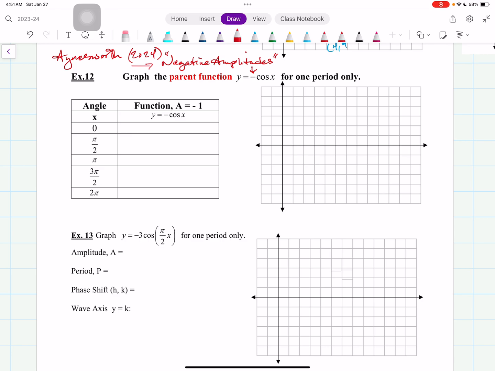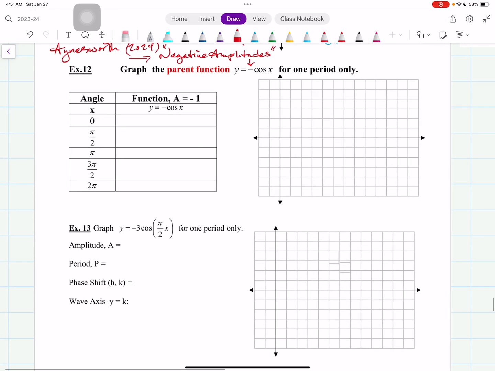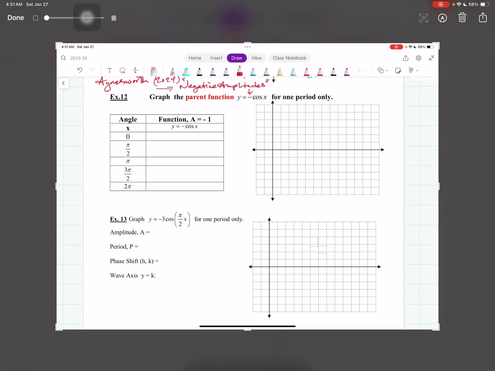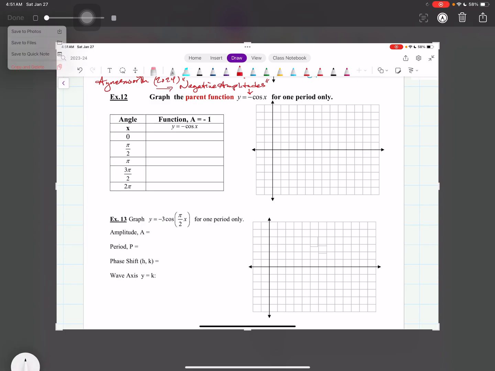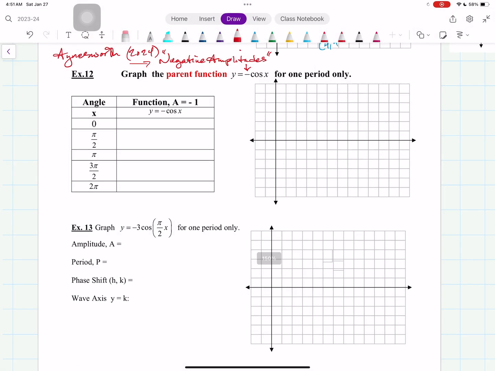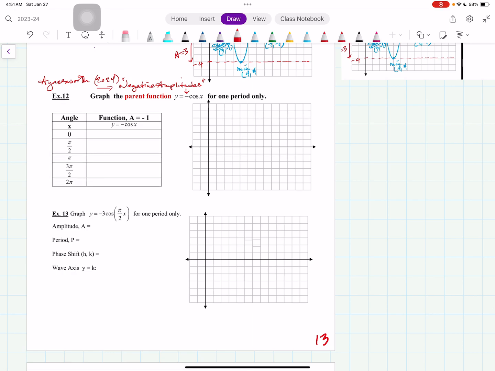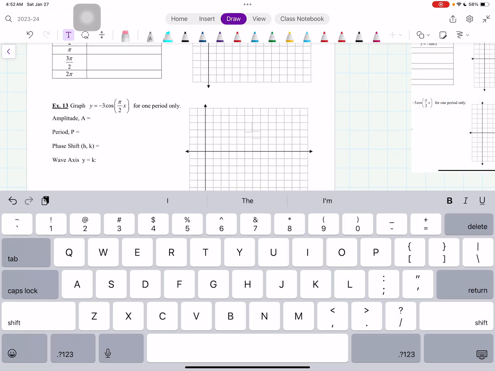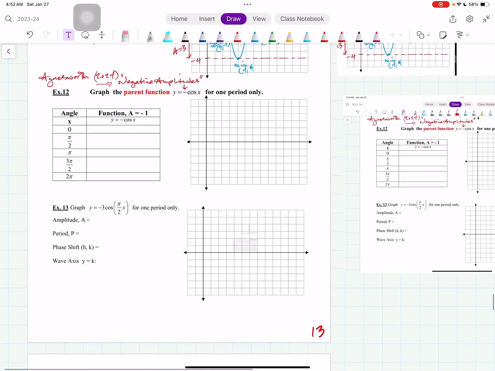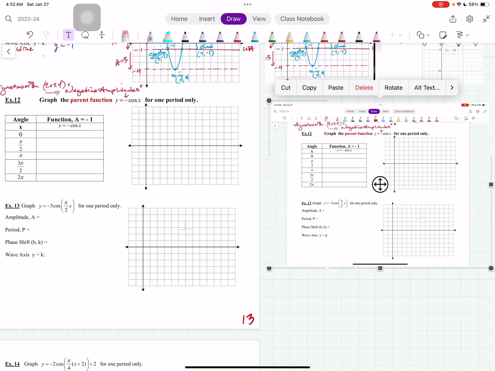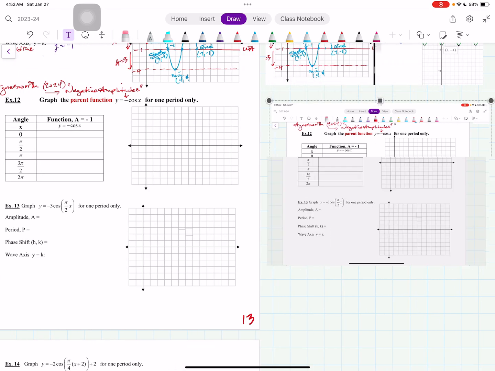What we need to do first before we get started is to screenshot this document right here, and then just copy and delete it. We're going to put a second copy right off to the side of it, because I want to show you 2 different ways how to think about it. That way I can try to reach as many people as I can, because like I said, everybody thinks differently here. There's more than one way to do things typically.